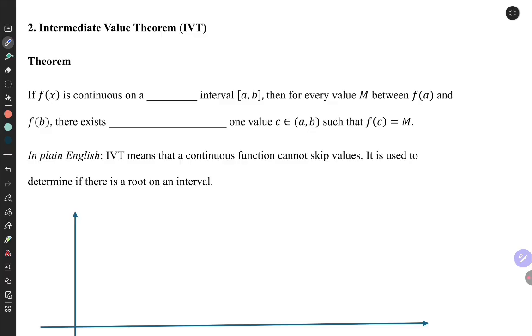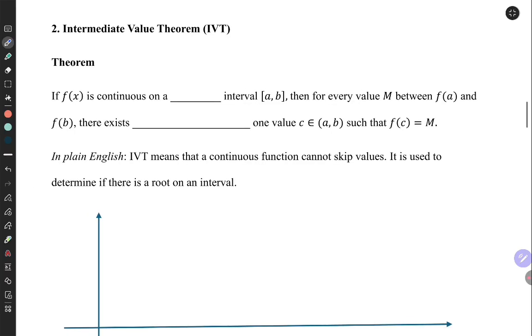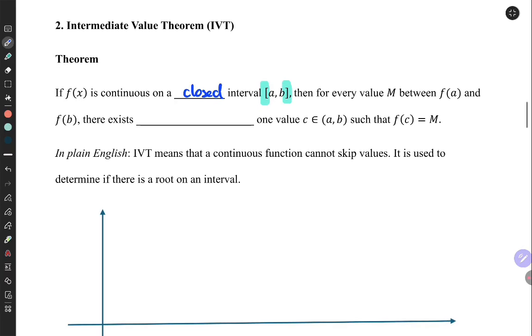If a function is continuous on a closed interval, first of all, closed interval, then for every value m, so you handpick any number m randomly between f of a and f of b, there exists at least, the correct words are at least, one value c such that f of c equals m.